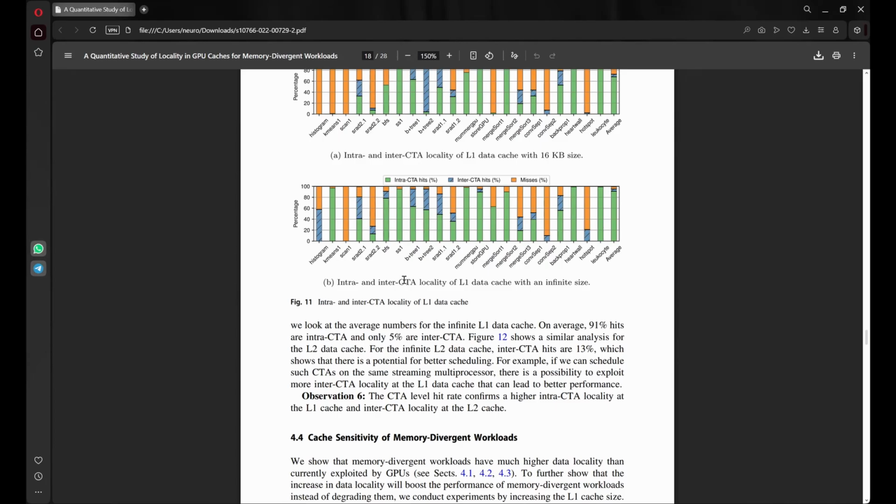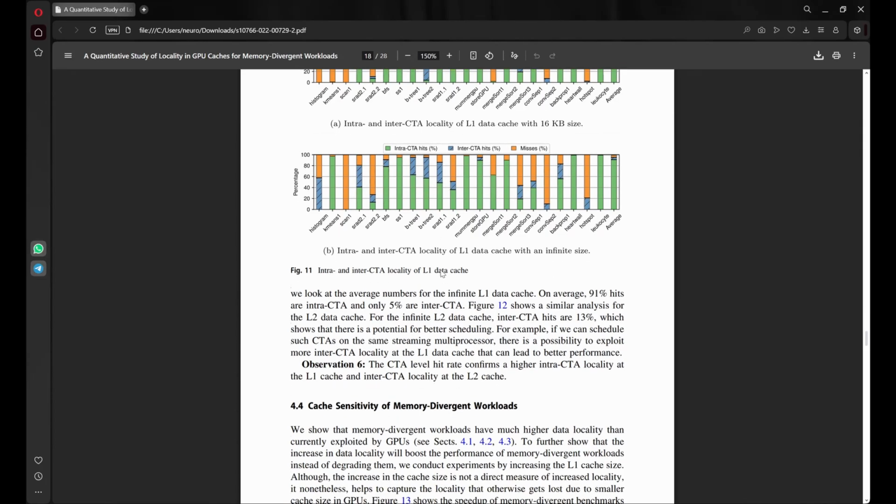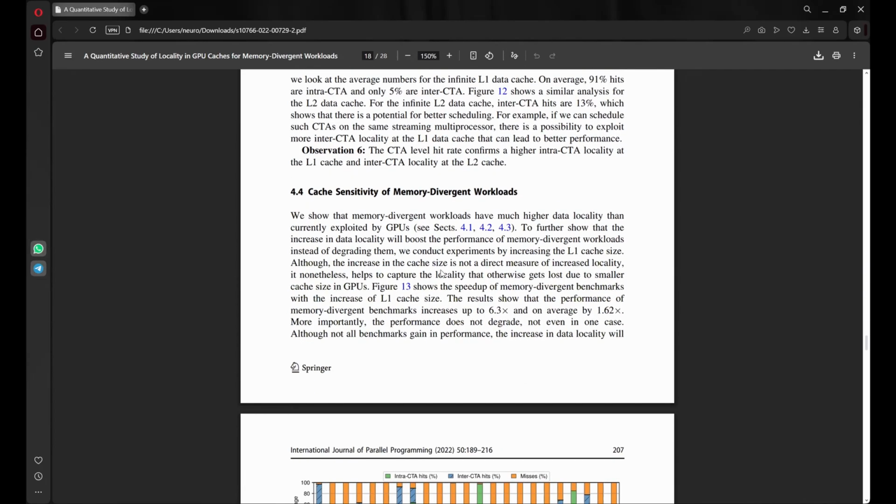I think pretty much what it is, is that they don't see enough inter-CTA locality in the L2 cache for them to say, okay, we should make it possible to schedule two thread blocks on the same SM. It's probably just not high enough on their tasks. They don't see the bang for the buck. Yeah. So we go on.